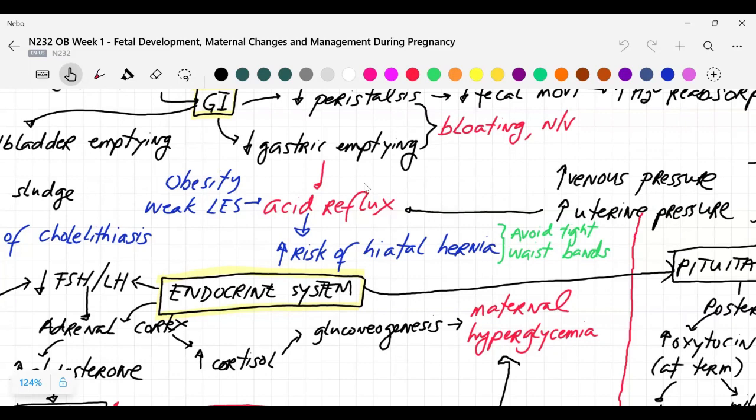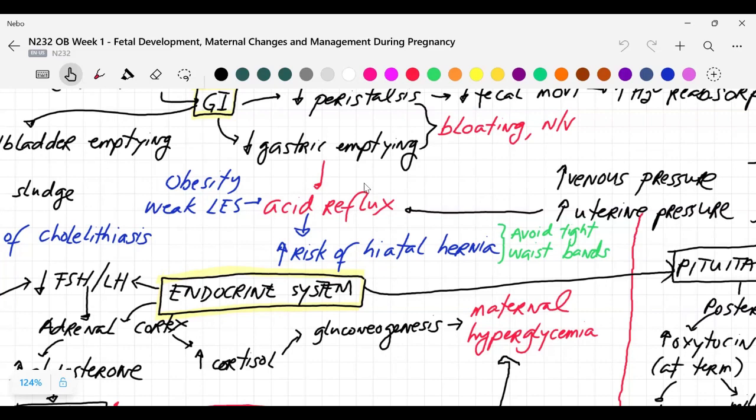If there's a lot of abdominal pressure, it pushes the stomach up. Baby's abdominal pressure, right? The larger the baby is, the more pressure in the abdomen. Obesity causes abdominal pressure. If you're wearing a lot of tight clothing, that causes abdominal pressure. Anything that is pushing here can push the stomach up, causing hiatal hernia. So if they have that risk, they'll have acid reflux as well.